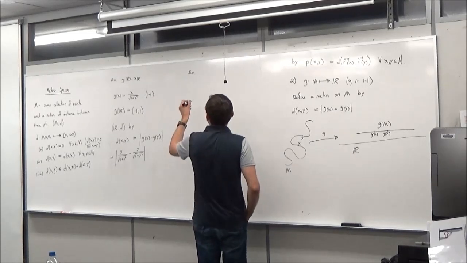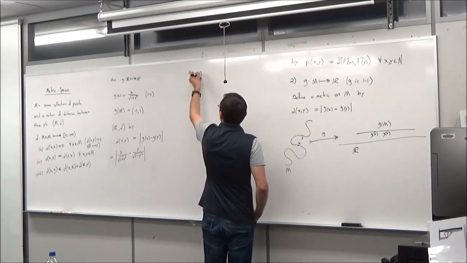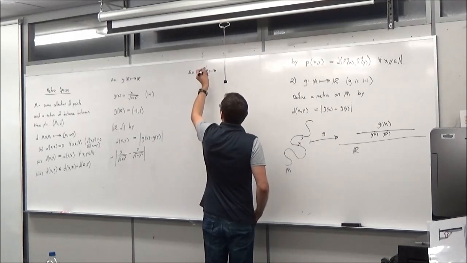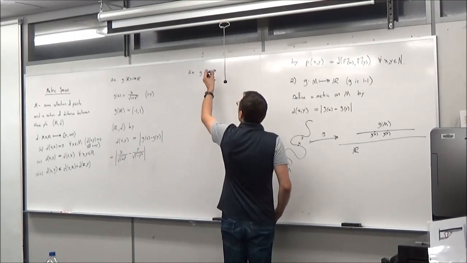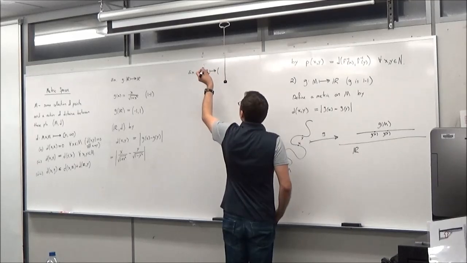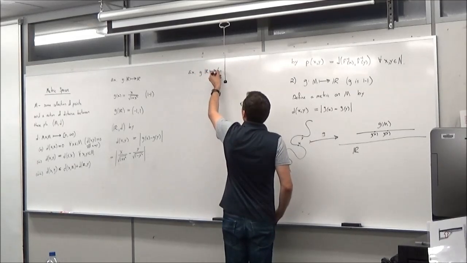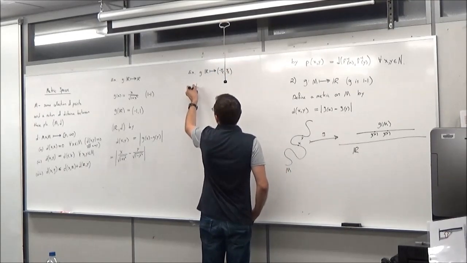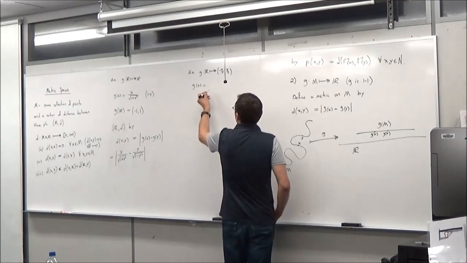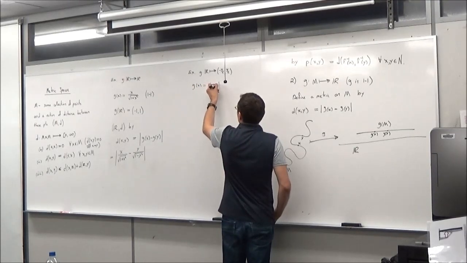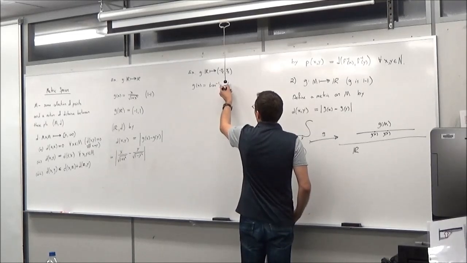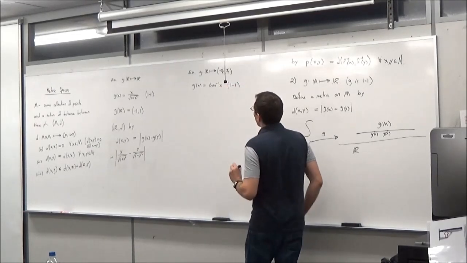Another example, let's suppose that I have g from R to the interval minus pi over 2 to pi over 2, and g of x is tangent inverse. This map is again 1 to 1 and onto, but what's important is that this function is 1 to 1.